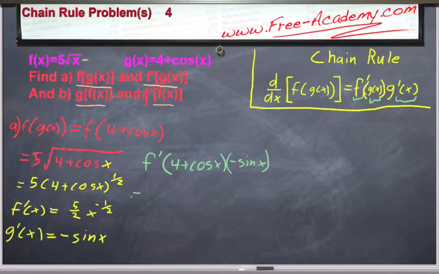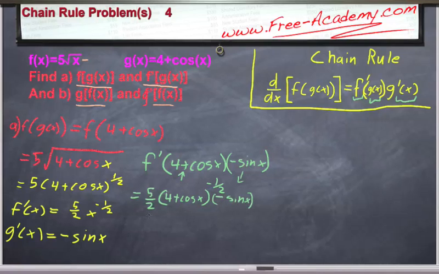So now we'll rewrite our f prime here, which is 5/2 times parentheses to the negative 1/2. And because we're putting 4 plus the cosine of x into f prime of x, we also write that in our placeholder parentheses. And then of course we still multiply by negative sine of x.